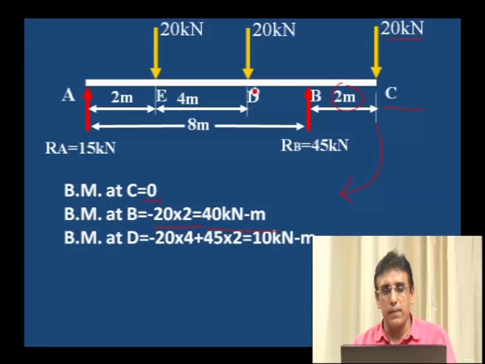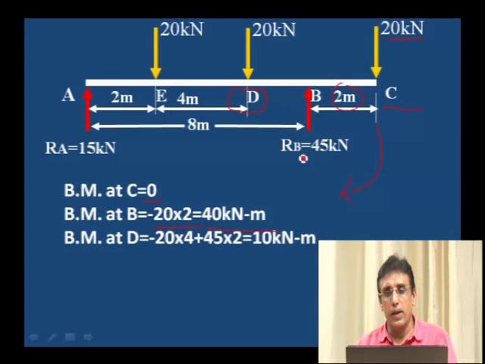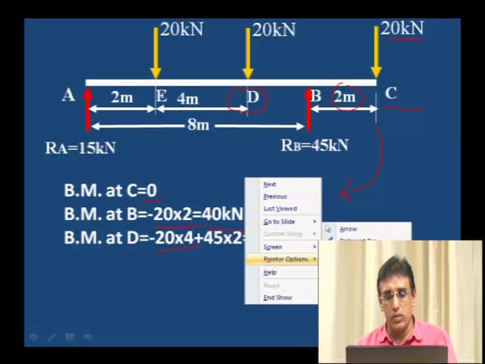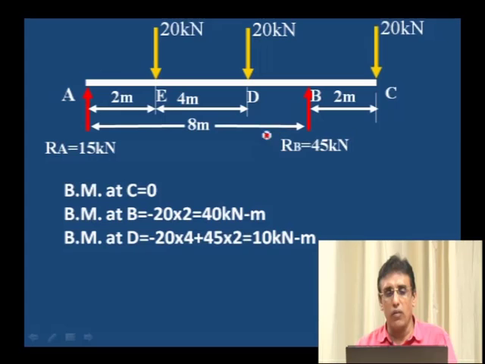Bending moment at D. The 20 kilonewton load into distance 4. How is it 4? This is 2 plus 4, 6 meter.